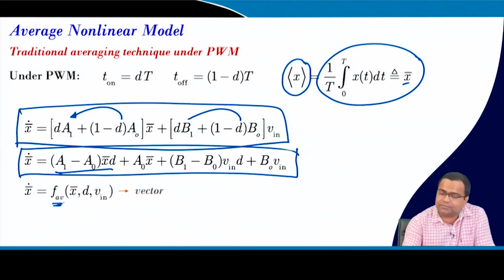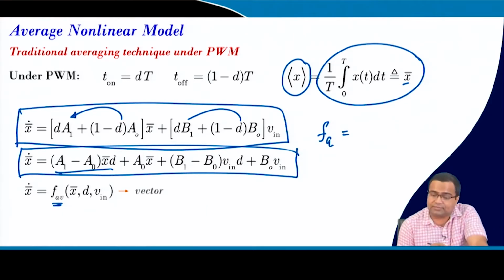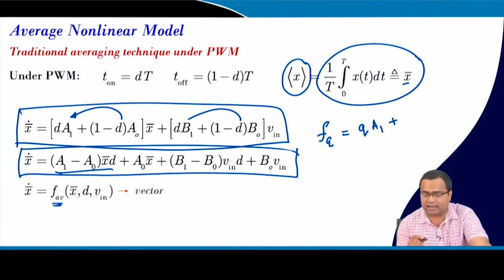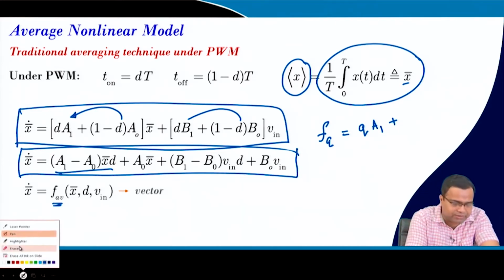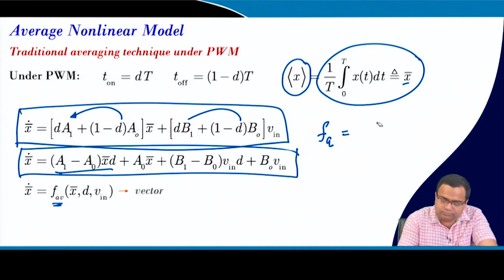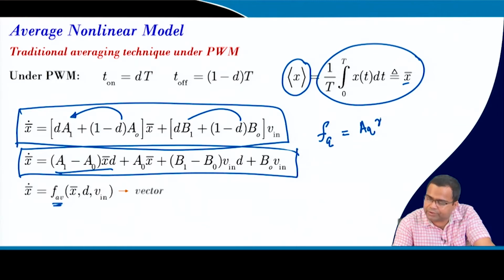Now, interestingly, if we consider f(q), what was that? f(q) was a discontinuous vector. That means, if we go back and recall our A matrix, it was nothing but A(q) into x plus B(q) into Vin.